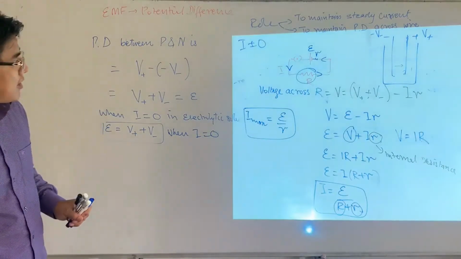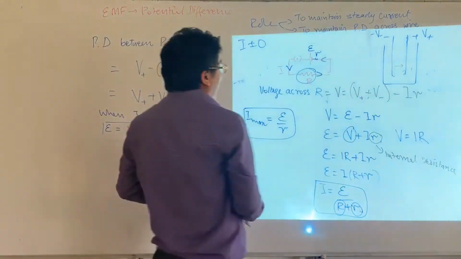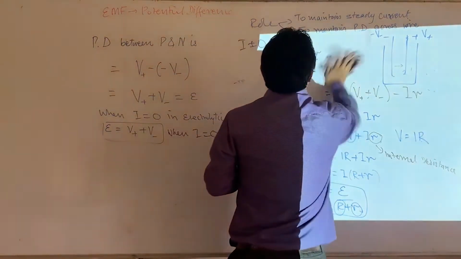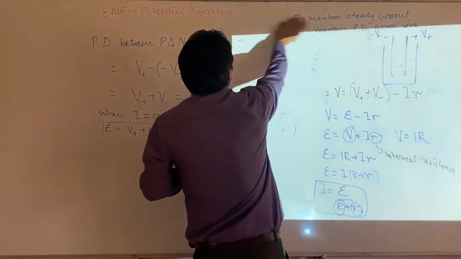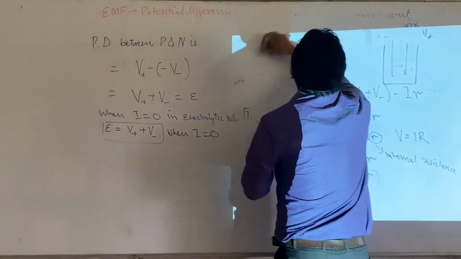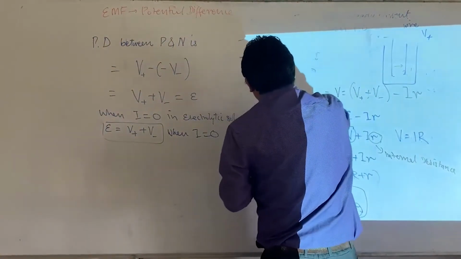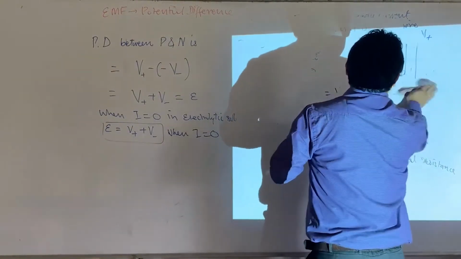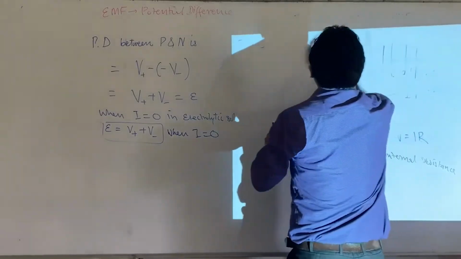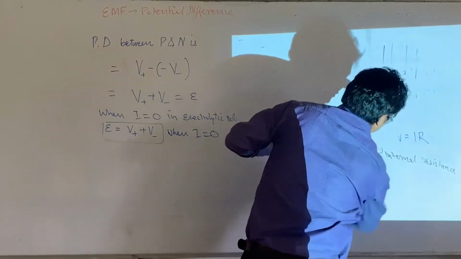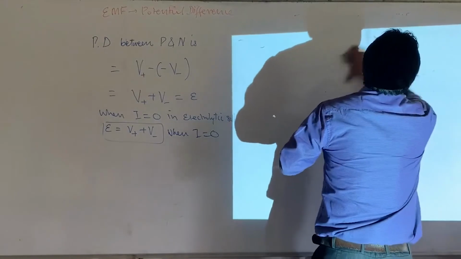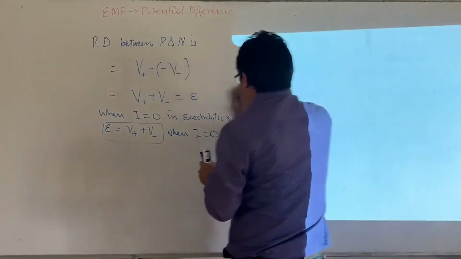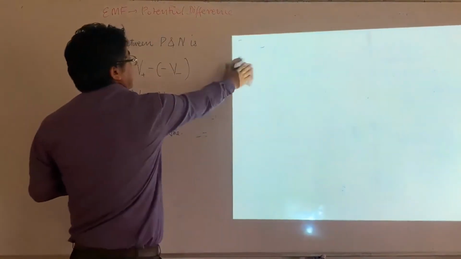Very, very important. Now I would like to find out the combination of cells: cells in series combination and cells in parallel combination. Before I write this, whenever we talk about a cell, it has some internal resistance.